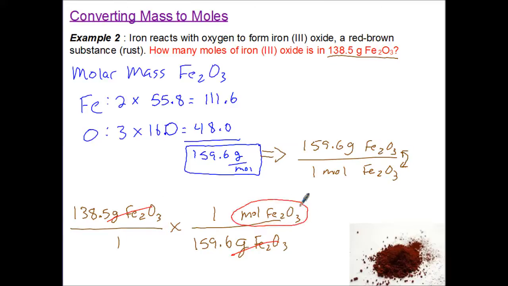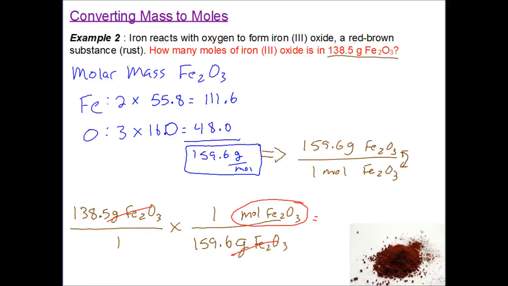So what I'm going to do here is take 138.5, and since it's on top, I'm going to divide it by this on the bottom. So I take 138.5 divided by 159.6, and that will be my answer. Now, my answer is going to be rounded to 4 significant figures, because there's 4 here and there's 4 right there.